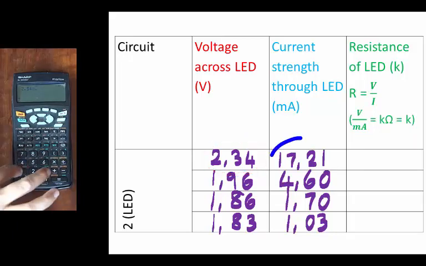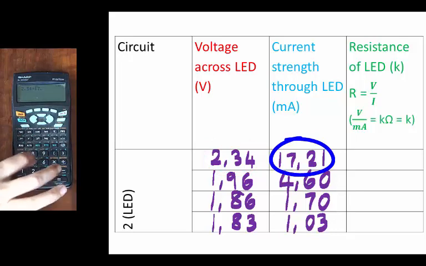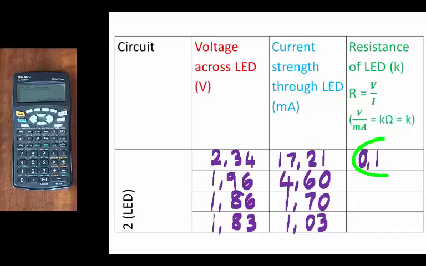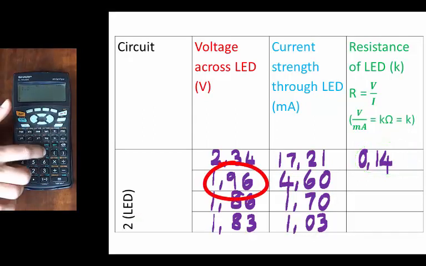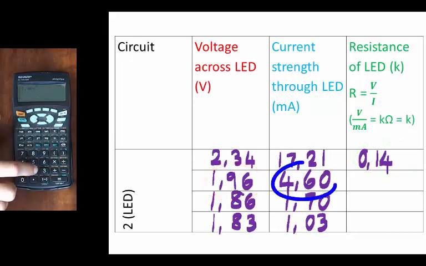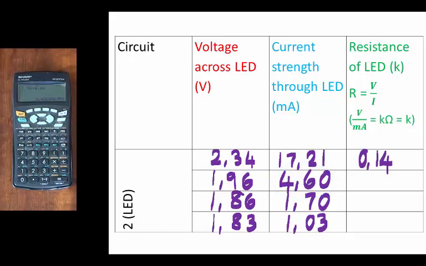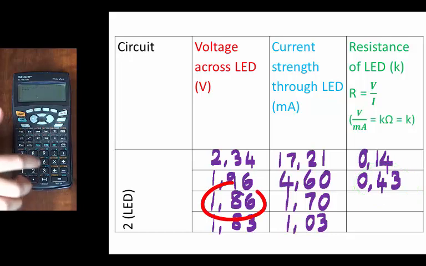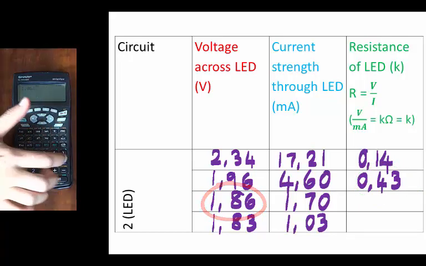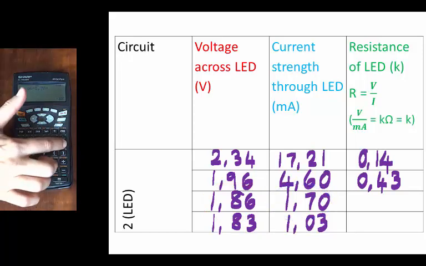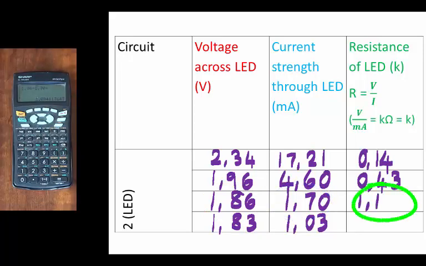2.34 divided by 17.21, 0,14 kilo ohms. Next set of data, 1.96 divided by 4.60, that's equal to 0,43 kilo ohms. 1.86 divided by 1.70, and that gives us 1,1 kilo ohms.